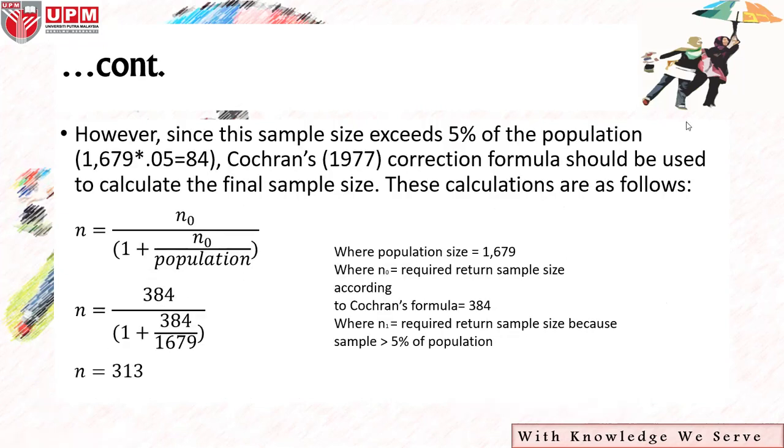Okay, ni sama formula dia. We calculate whether the earlier proposed sample size exceeds the 5% of the population or not. Kalau exceed, then we need to apply the correction formula. Ini dia punya correction, plug in je the value. Then according to the corrected formula ni, we obtain the sample size equals to 313.